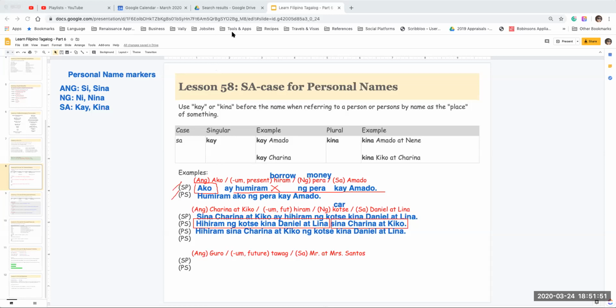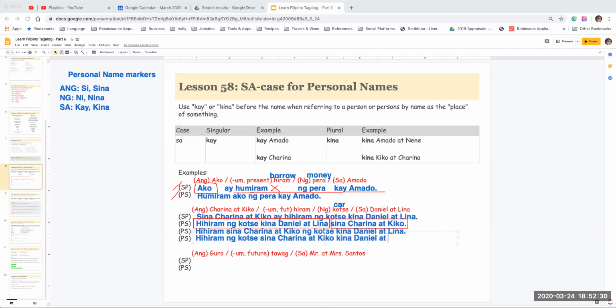Another possible structure. There's one more. Can you think of anything? You can actually say hihiram ng kotse, borrow the car, that phrase. The verb and the object, then insert your subject and then your sa case. So let's do that. Hihiram ng kotse sina Charina at Kiko kina Daniel at Lina.